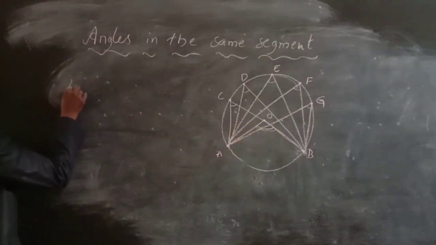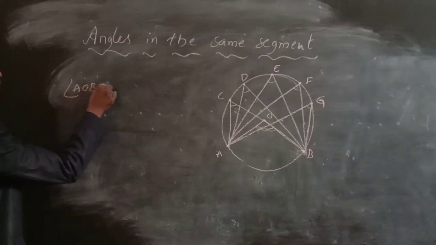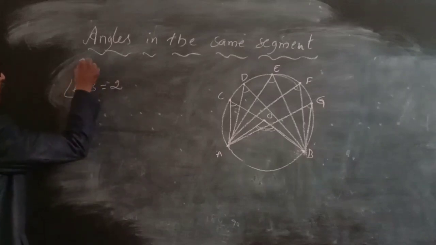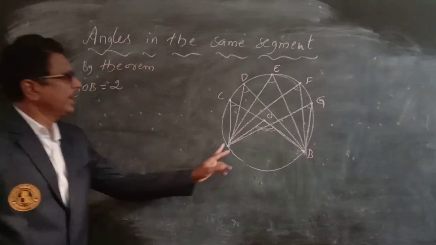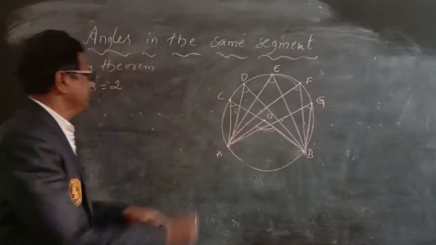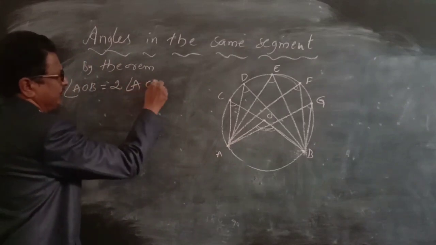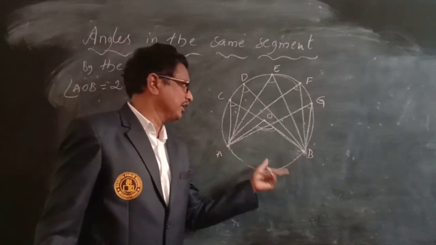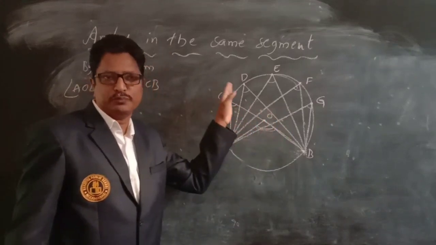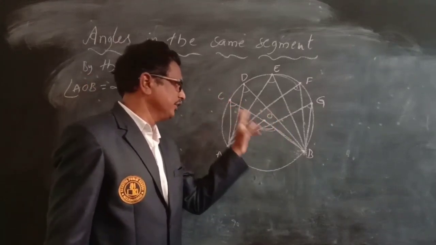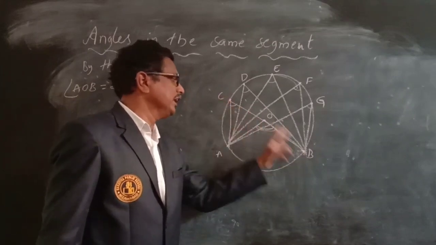Angle AOB equals, by the theorem, 2 angle ACB. The angle subtended by an arc at the center is twice the angle subtended by it at the remaining circle. Therefore, angle AOB is equal to 2 angle ACB.